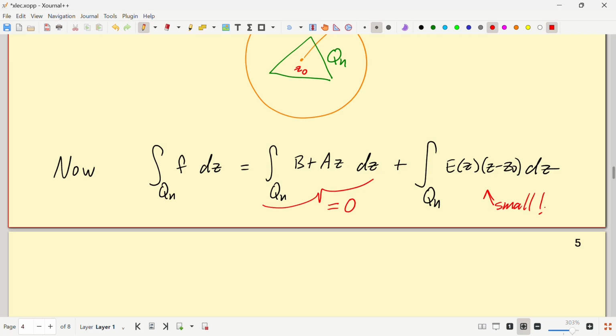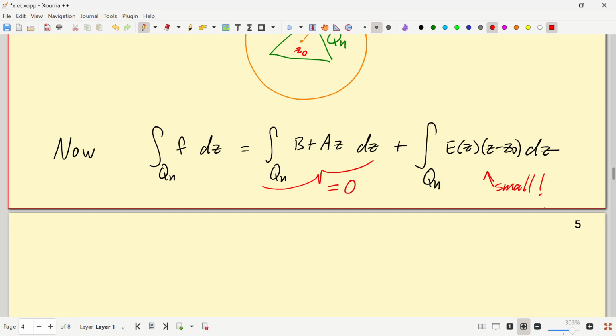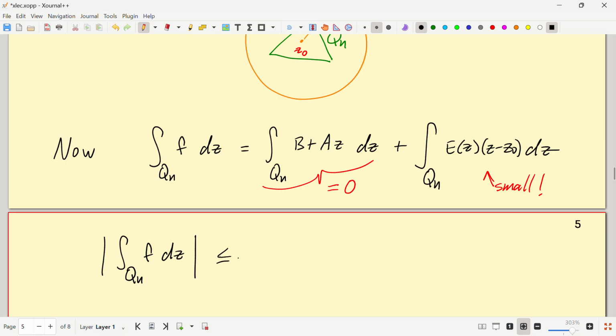Too small. Okay, so when I estimate that, using the basic estimate I did at the beginning here, that's going to be less than or equal to the max of E of z, when z is in the trace of the gamma n triangle.